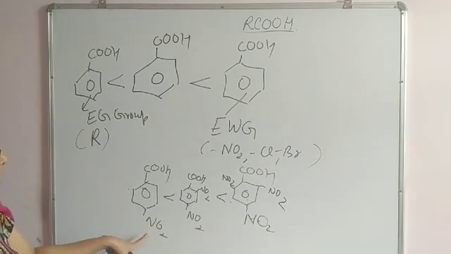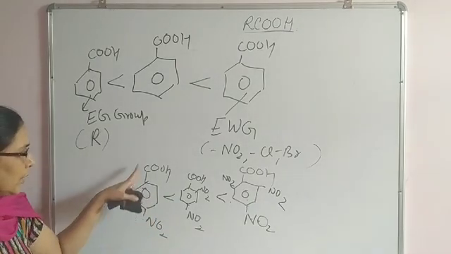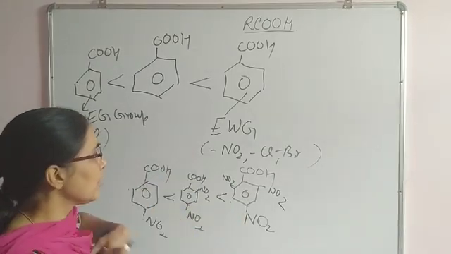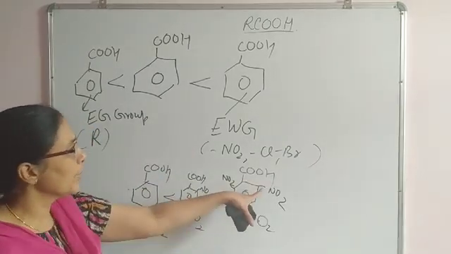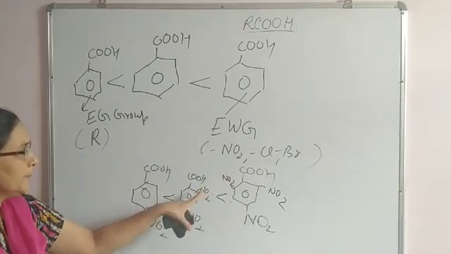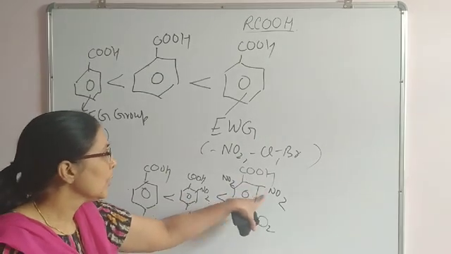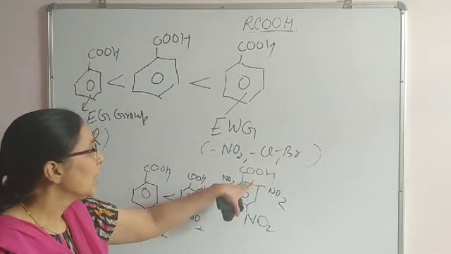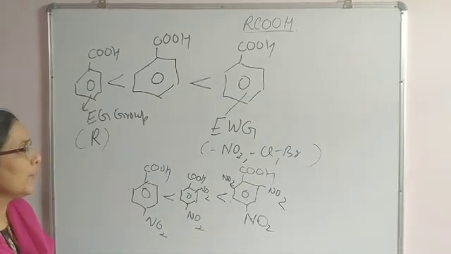Easily you can understand: here only one nitro, nitrobenzoic acid, dinitrobenzoic acid and trinitrobenzoic acid. You can give numbering also, 1, 3, 5 trinitrobenzoic acid, then 2, 4, 5 trinitrobenzoic acid.